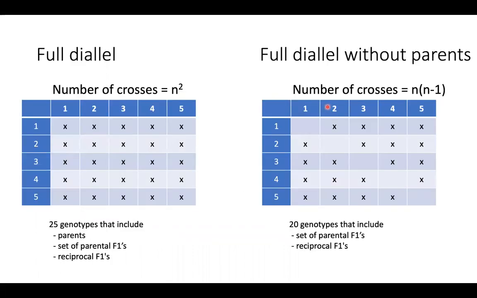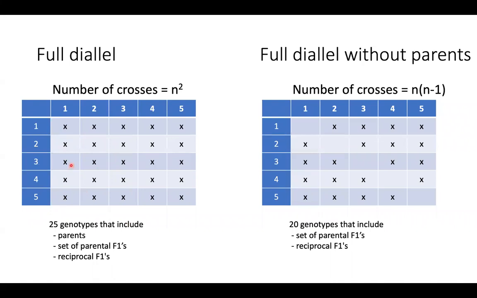So a full diallel, as I said, involves all the possible crosses among parents in a trial. For example, here we have 5 parents, and this is the formula for you to calculate the amount of crosses you will get in a full diallel. So those 25 crosses here will include parents, which will be represented here in the diagonal, a set of F1s, which will be in the upper part of this array, and the reciprocals will be displayed underneath here.